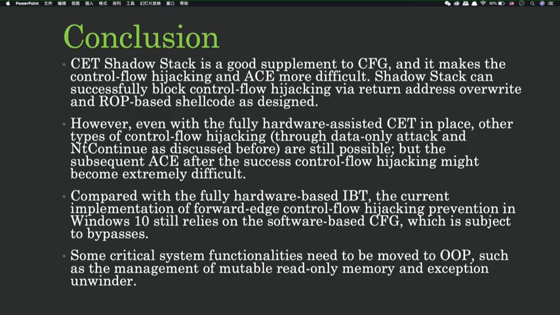That means that CET is still very strong in terms of providing protection. The third point we want to make is that, compared to the hardware-based IBT, the indirect branch tracking, the current software solution on Windows 10 is still not adequate because the CFG is still bypassable.